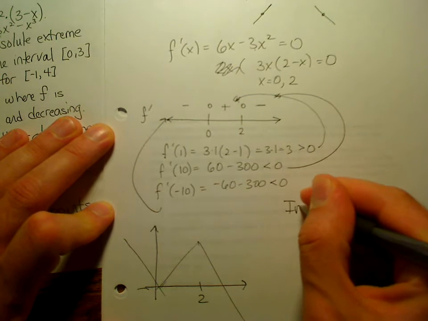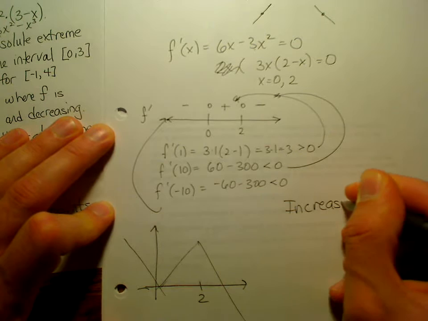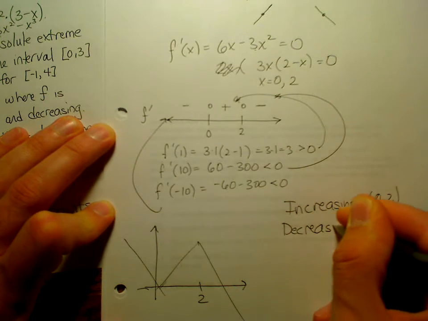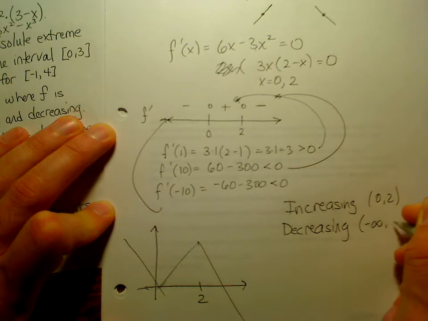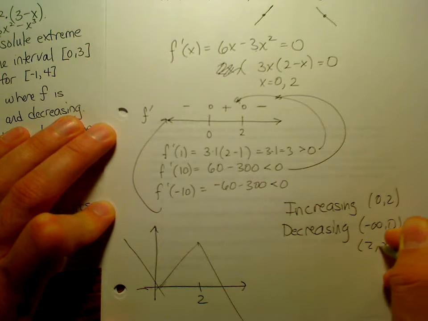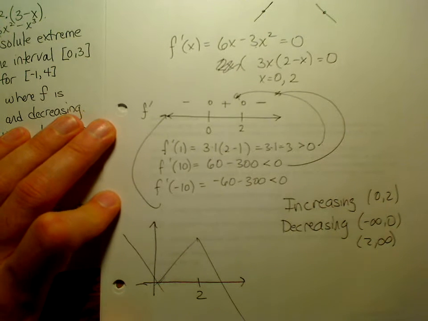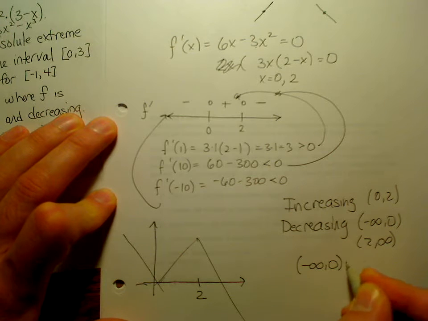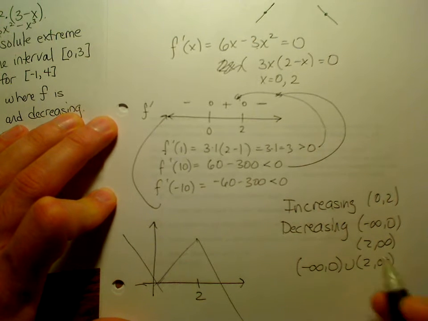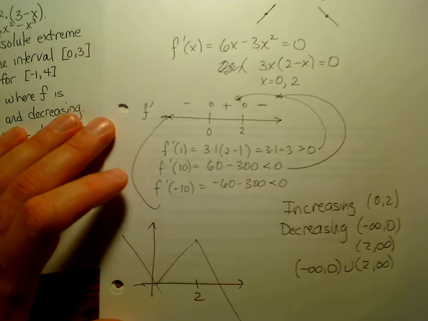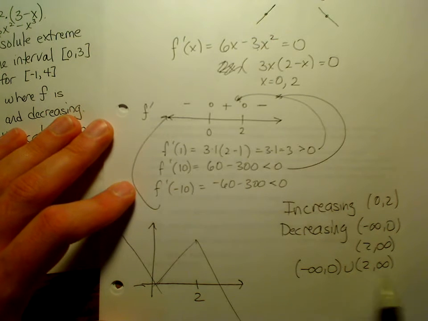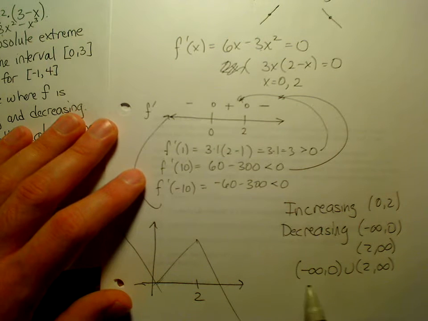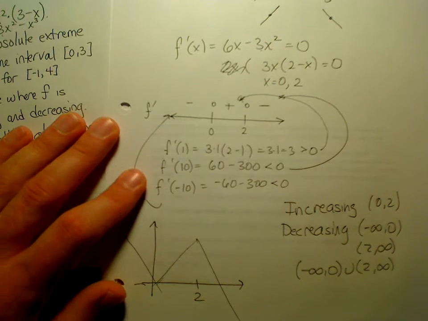We're talking increasing on from 0 to 2 and decreasing from negative infinity to 0 and from 2 to infinity. Some books, I know WebAssign does this, for example, insist that you write it with a union sign, even though technically decreasing on an interval is only defined for an interval, and this union is not an interval, but minor technical point. It's decreasing for these x values and for these x values.